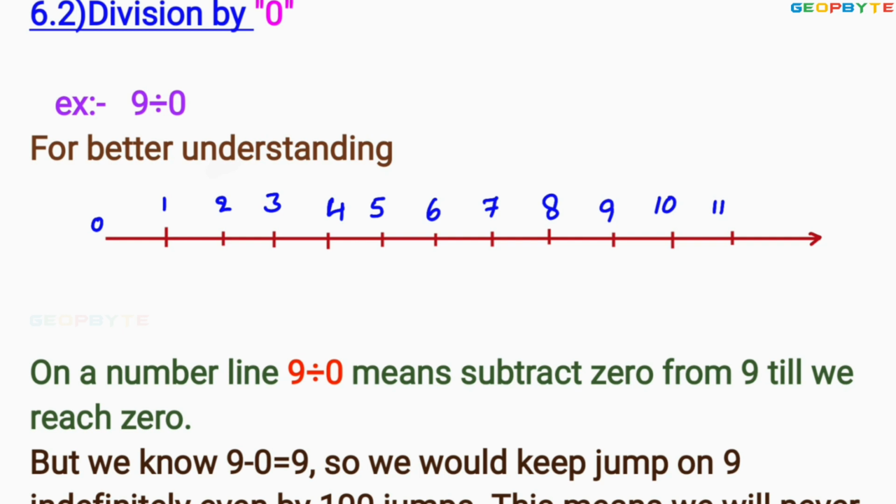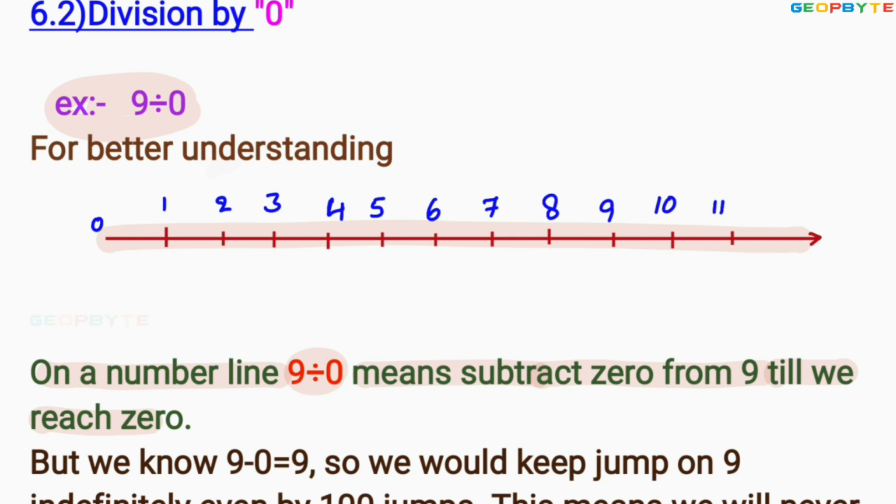Now, division by 0. Dear students, it can be better understood by taking the number line with an example, 9 divided by 0. On a number line, 9 divided by 0 means subtract 0 from 9 till we reach 0.